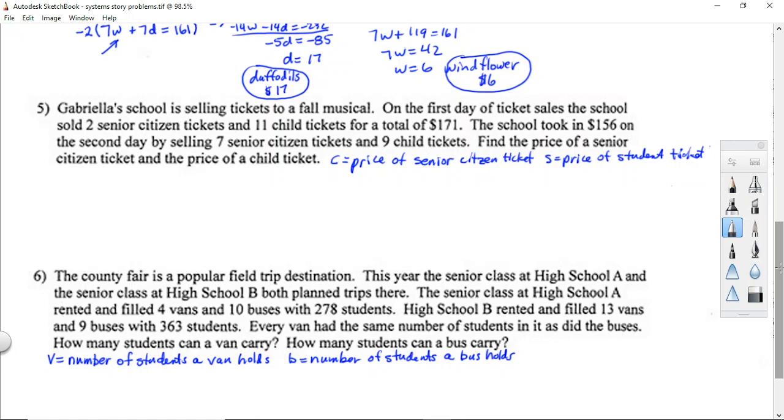So this one, I wrote this down already, but I wrote the names of the variables, and I thought we were going to have a problem with senior citizen and student, since both start with S, but this time it's child. So I'll change this.